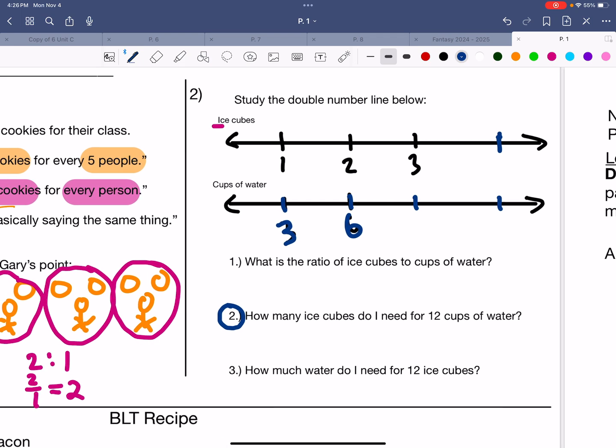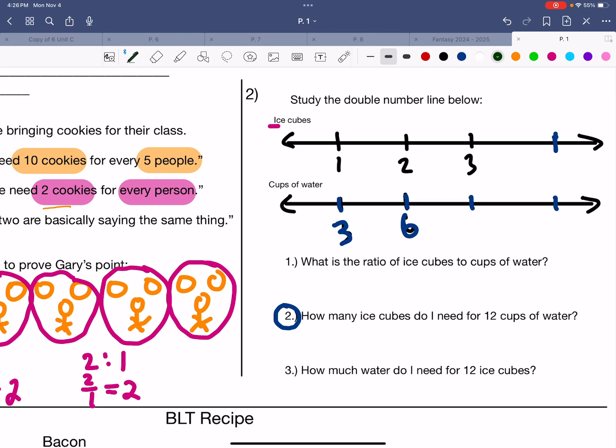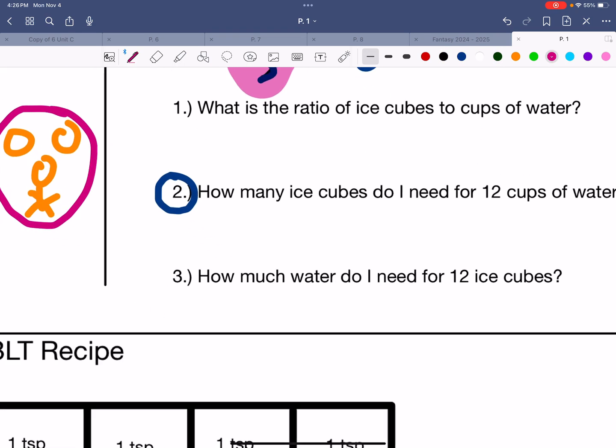Question number 3 says, how much water do I need for 12 ice cubes? So let's think about it this way. Back when I had 1 ice cube for 3 cups of water, that's the ratio that I was using.